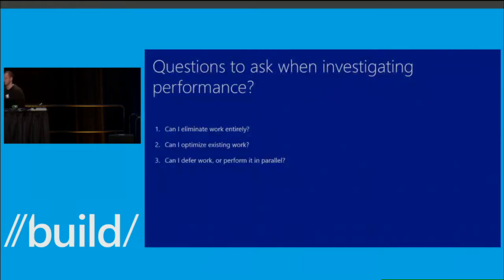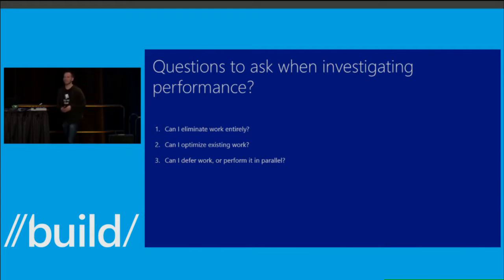OK. So real quick, three things when you're looking at a JavaScript, HTML, CSS app that you want to typically think of is, do I find any work, any CPU utilization that I can eliminate completely, right? And if you can do that, that's the best. If you can eliminate it, can you optimize it? And if you can optimize it, can you defer it, right?